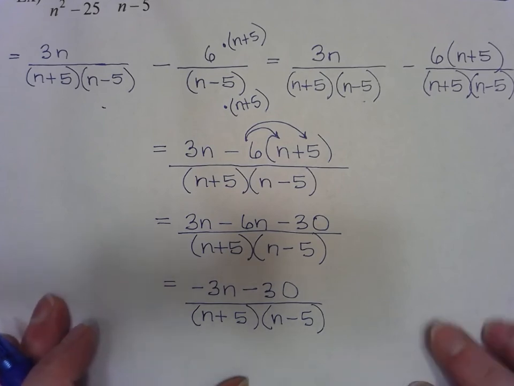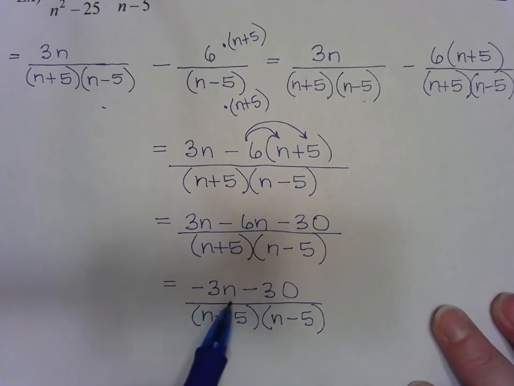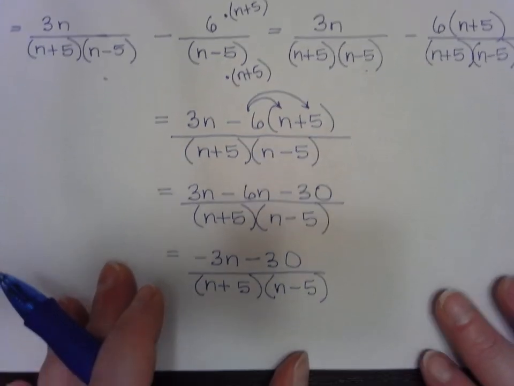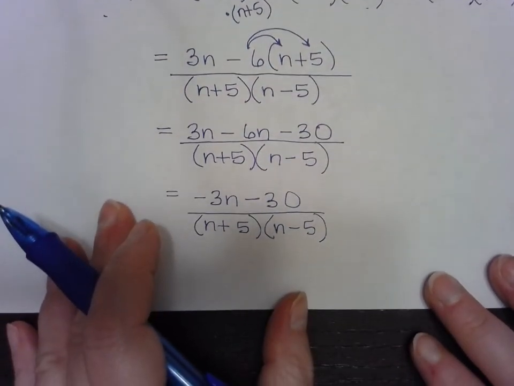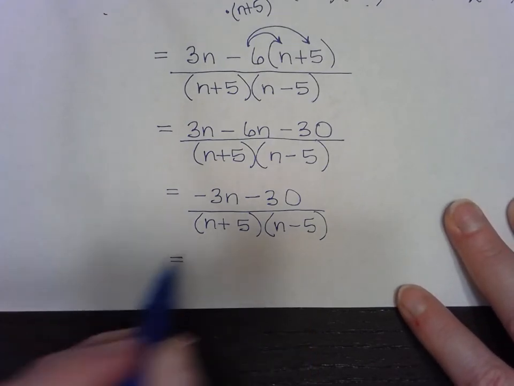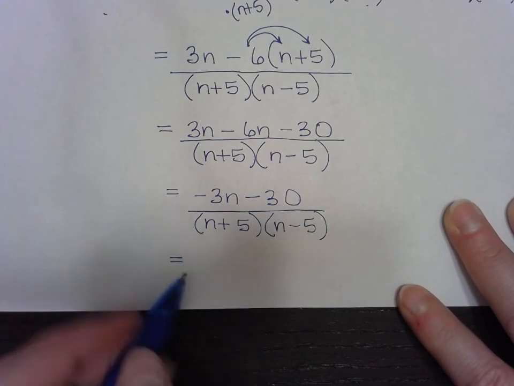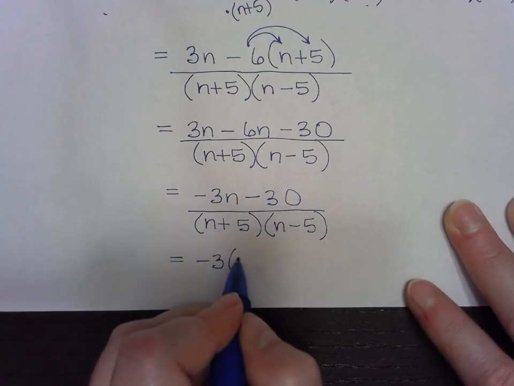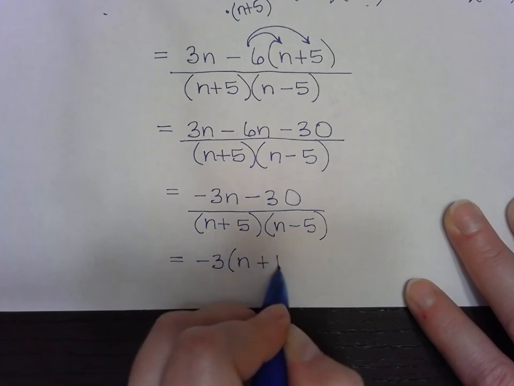All right, now this numerator is factorable. There's a GCF here, so it would be worth just checking to see if we can cancel anything and reduce. So if I factor out, I'm going to do a negative 3. That seems like a good choice. I'm going to be left with n plus 10.